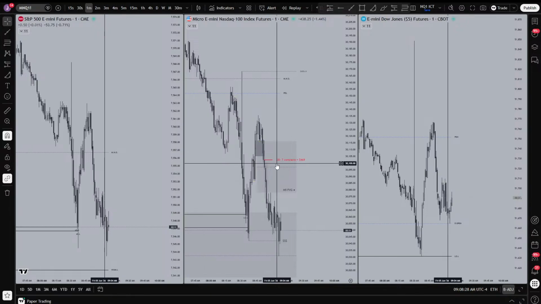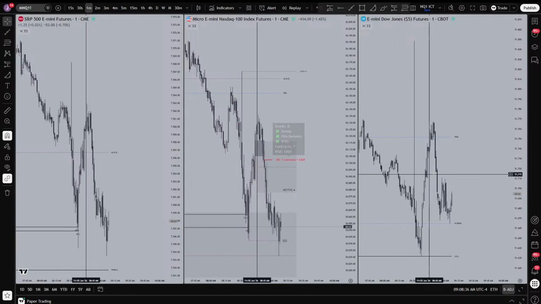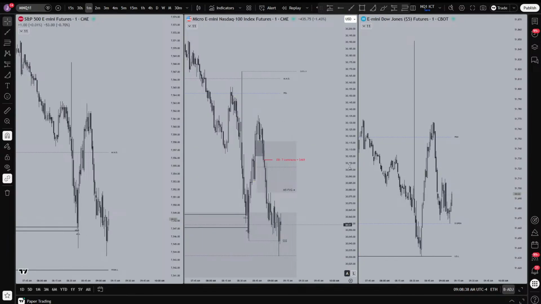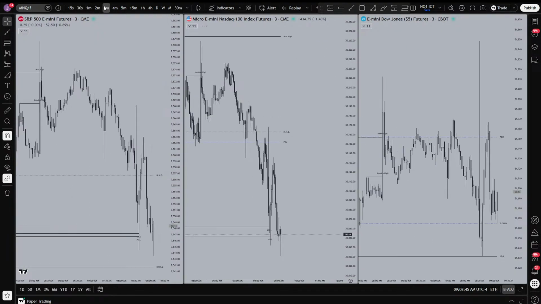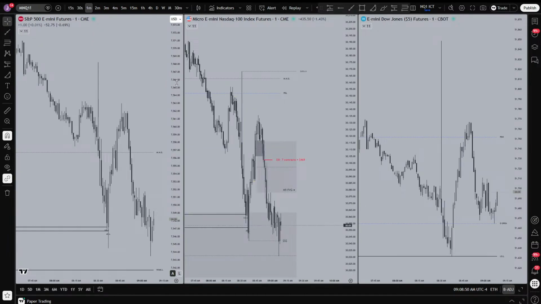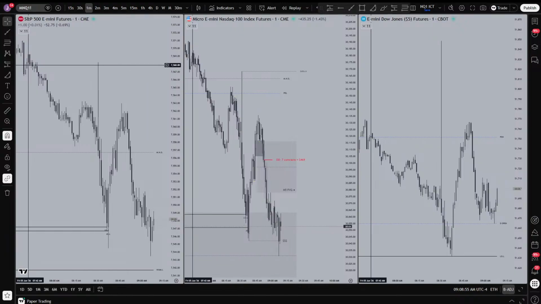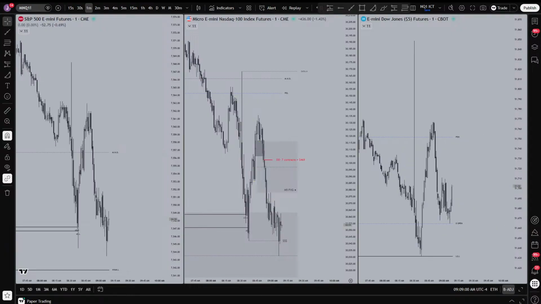The DD is the entry signal, so that's where you go long or short for the indicator. That's just saying that's the entry signal. Yeah, these are the settings for the indicator.